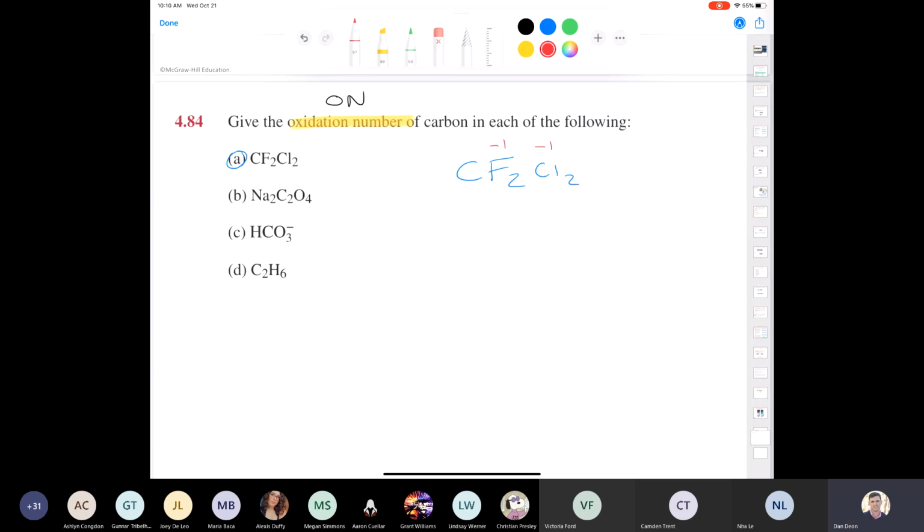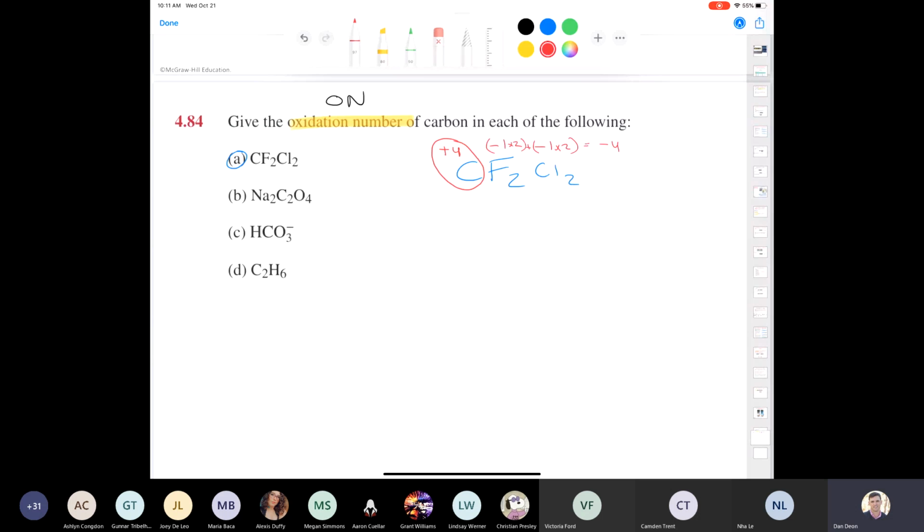If you have a halogen combined with another halogen, those are all -1. So I have -1 times 2 here, and I have -1 times 2 here. If I tally all that up, I get a total of -4. So that means that the oxidation number on my carbon must be +4 in order to neutralize or balance out the oxidation states of the 4 halogens.